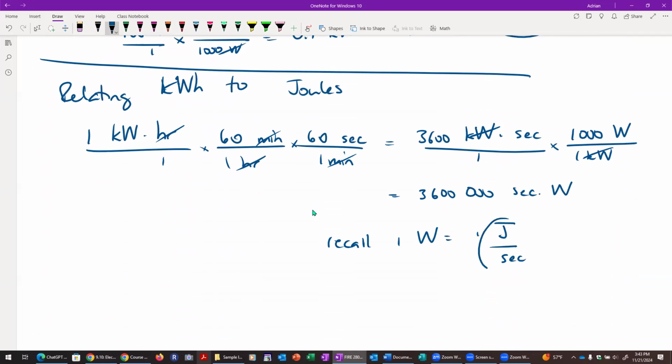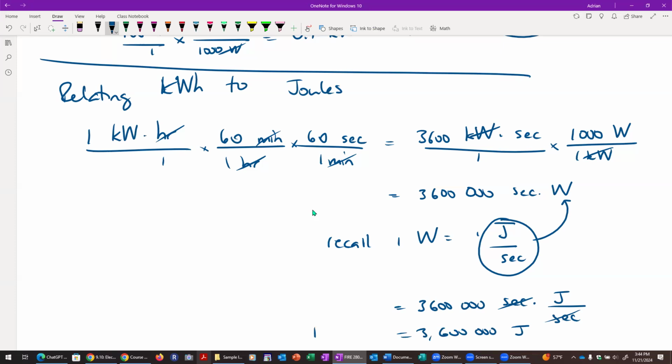If I take what a watt is and stick it right here for W, I get 3,600,000 seconds times joules over seconds. Guess what? Seconds go away, and I end up with 3,600,000 joules as being equivalent to 1 kilowatt hour.